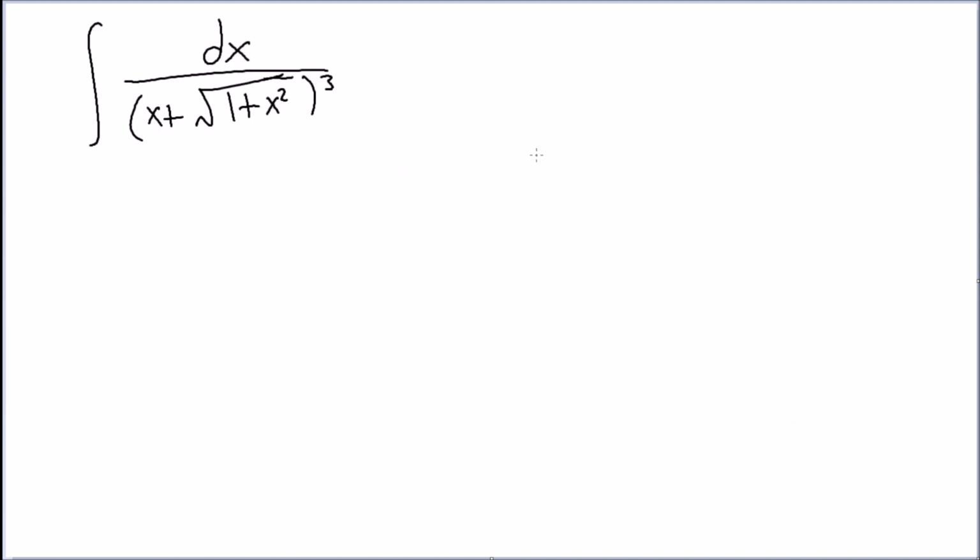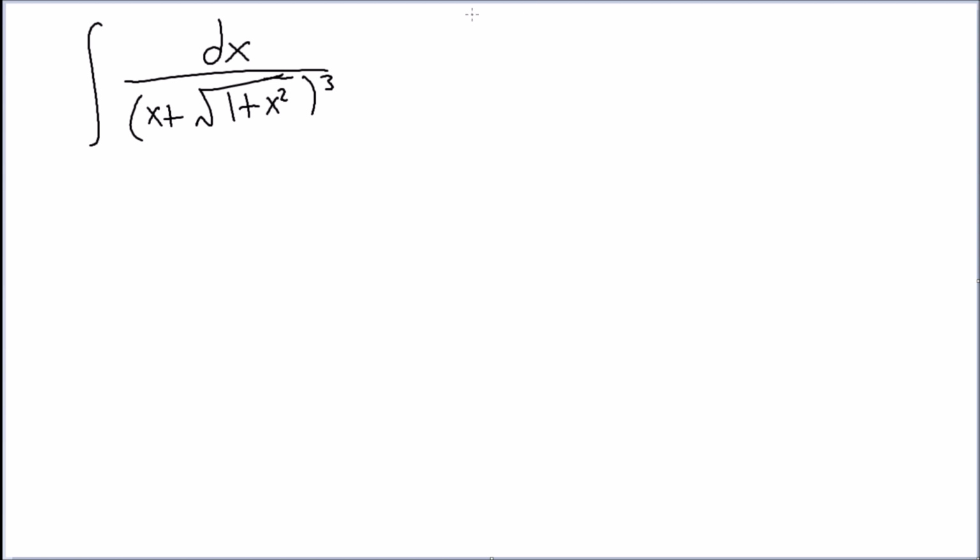So again, if we try doing trig-sub, let x equal tangent theta, then we will end up with tan theta plus secant theta being cubed with secant squared at the top, and it wouldn't be good. It would be very ugly. So when trig-sub doesn't work, use hyperbolic trig.